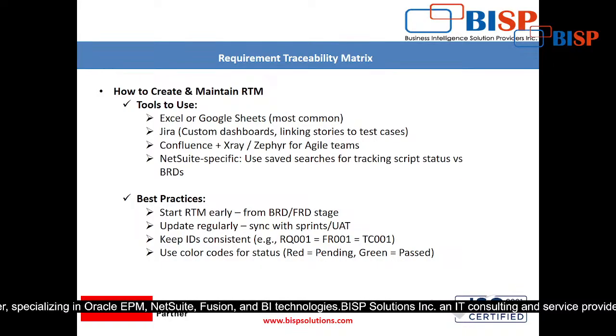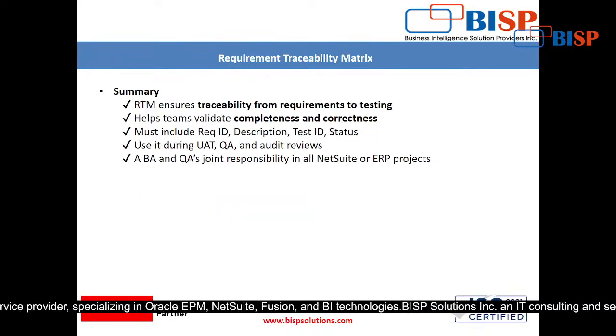Keep IDs consistent; you have to keep the ID for every person. Then use color codes for status: red for pending, green for passed. In an Excel sheet there are so many facilities, you can put flags also. So this is the best practice for using the requirement traceability matrix and completing it.